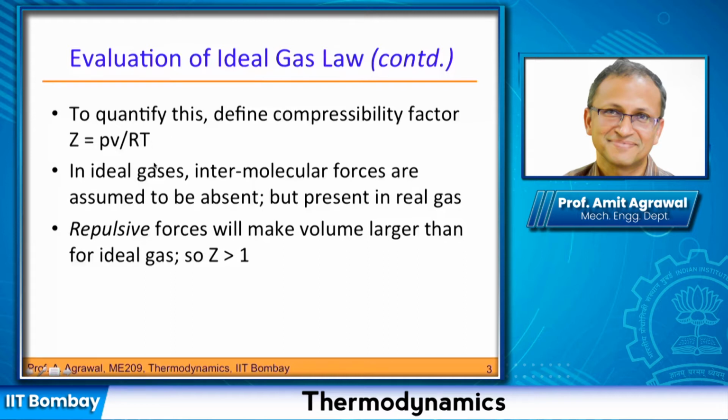So coming back to the basic equation of Z equal to PV upon RT, you can also divide it by PV upon RT corresponding to ideal conditions, because PV upon RT for ideal condition is 1.